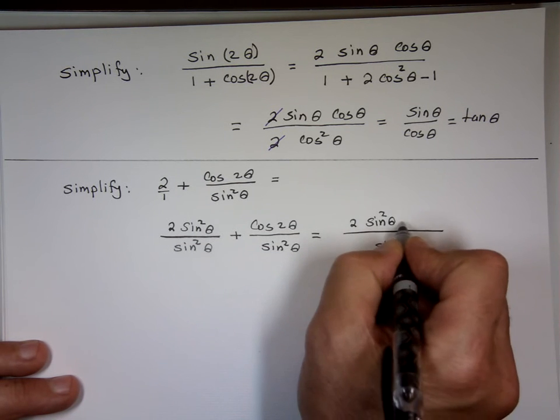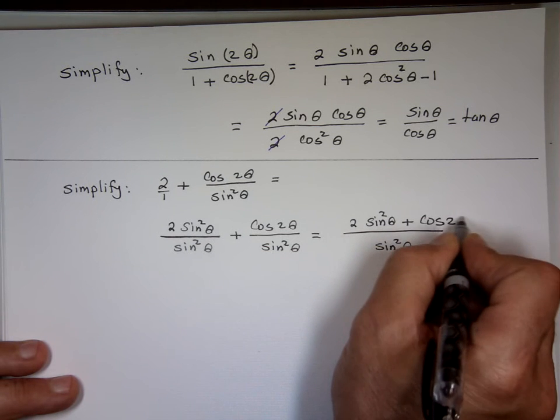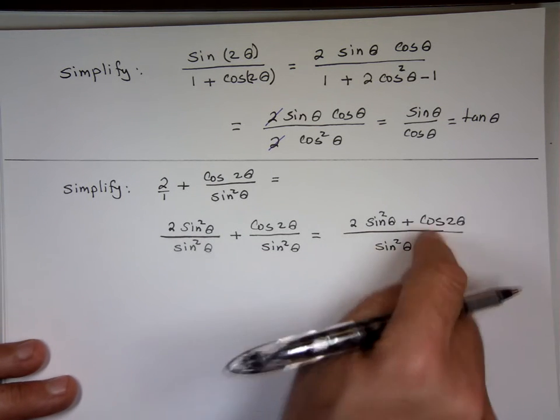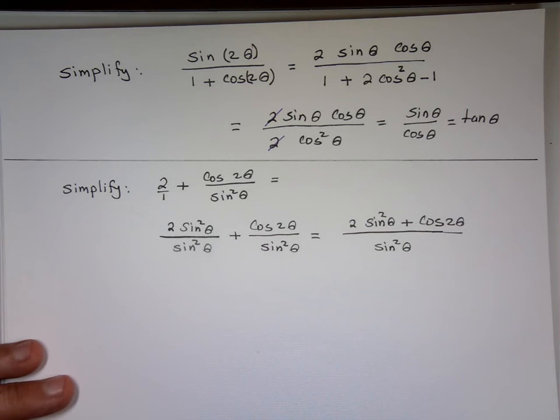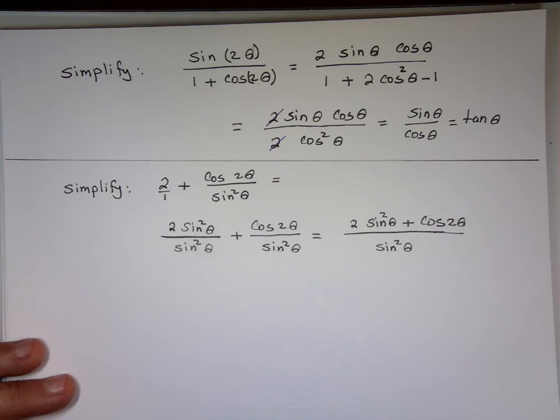plus cosine 2 theta. Now maybe I can replace cosine 2 theta with something, and maybe I can lose that 2 sine squared. I'm trying to make it smaller.